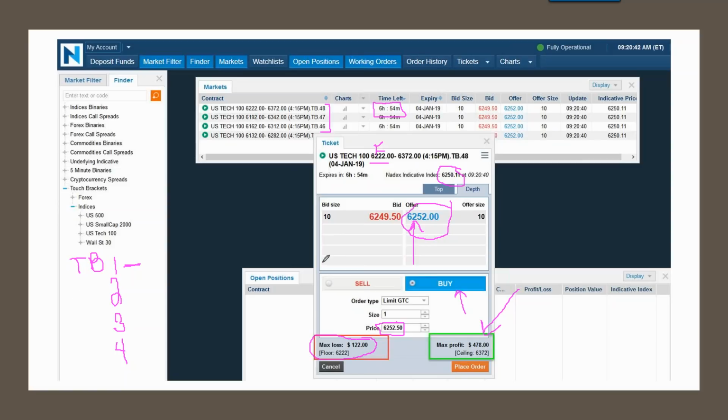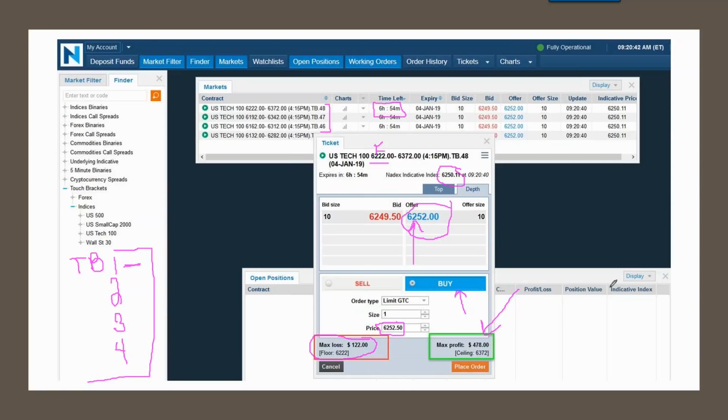So if you started looking, let's say on a Wednesday afternoon, and you're still seeing that there's 4 touch brackets, you probably haven't had a lot of volatility in that market. When they first open, Virgil, they start with touch bracket number 1.